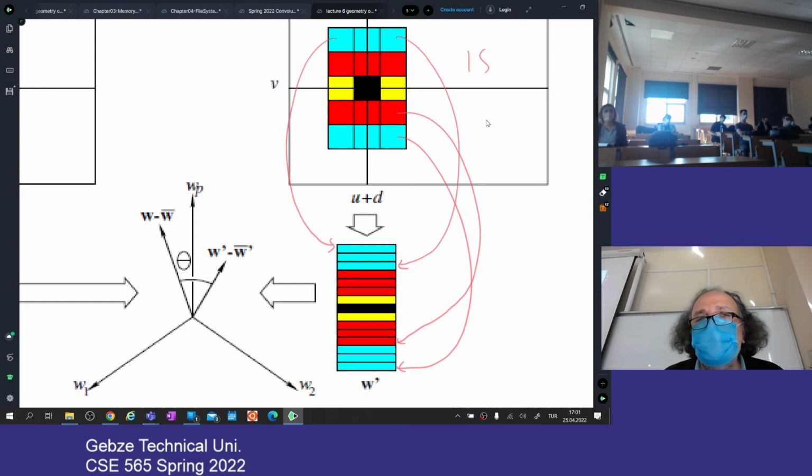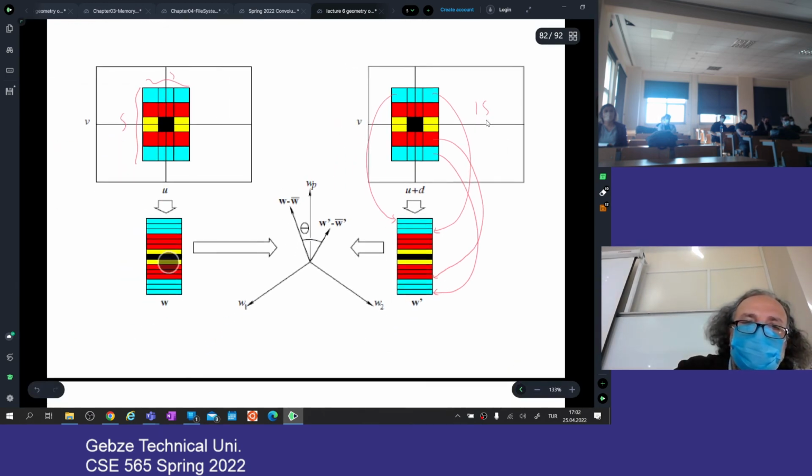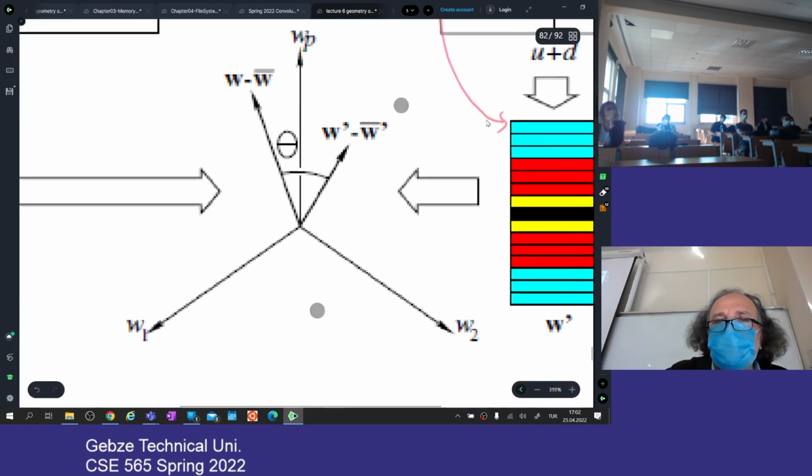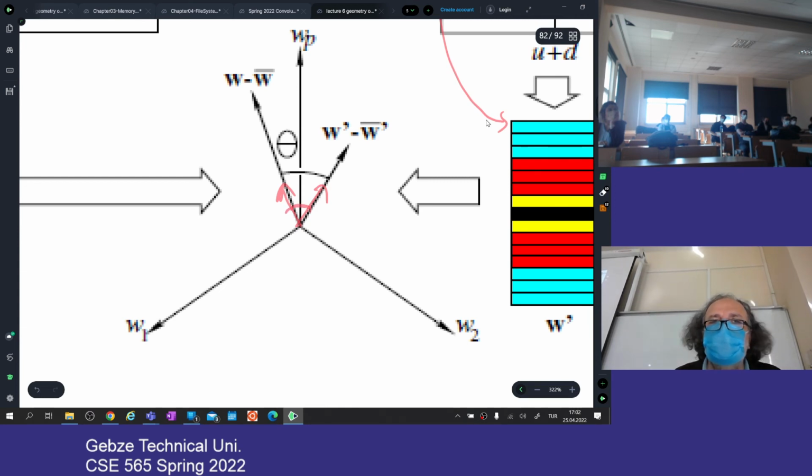So I converted this to a 15 element vector, and I converted this to a 15 element vector too. So I have two vectors in 15 dimensional space. I normalize them. I make their lengths 1.0, both of them, and I measure the angle between them.